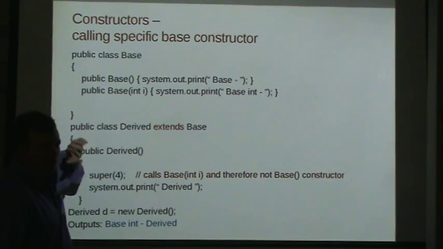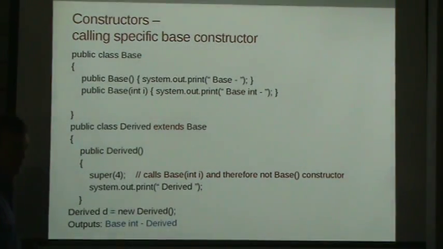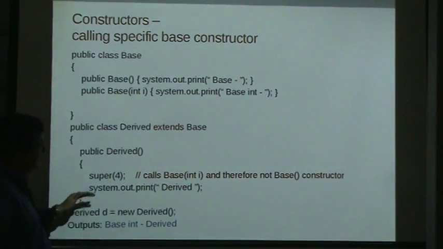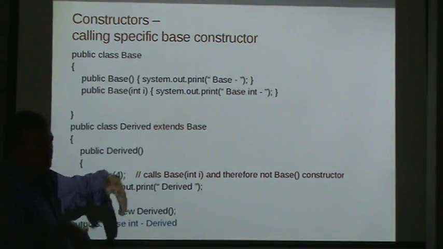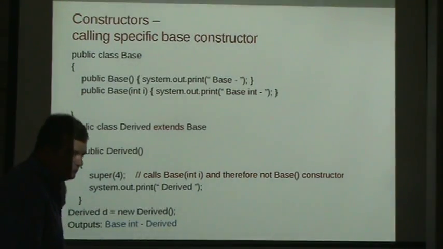Anyone remember when the constructor runs? So the constructor only runs when the object is being constructed. And you can't just call it explicitly, say, oh, I think I want to run the constructor again. You only run it when the object is being constructed.